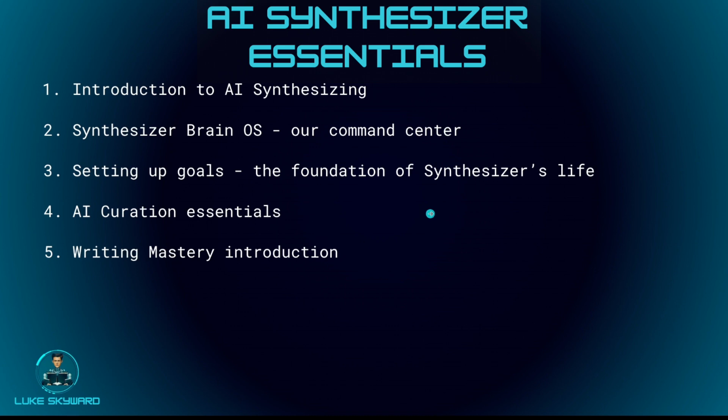The fifth lesson is writing mastery introduction. So I will create a whole mastery module on writing in the future, but this will be an introduction lesson, basically, where we will go through essential principles on how to use AI to create persuasive writing through the lenses of our personal experience, our interests, and how to use writing frameworks that will resonate with people with the help of AI, right?